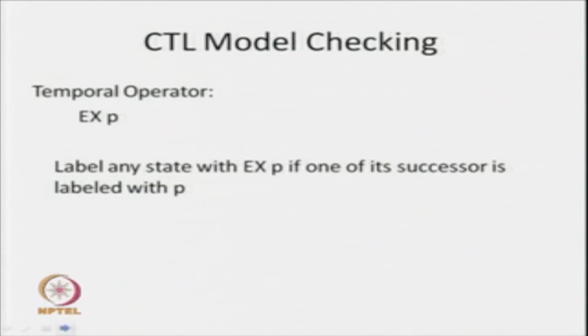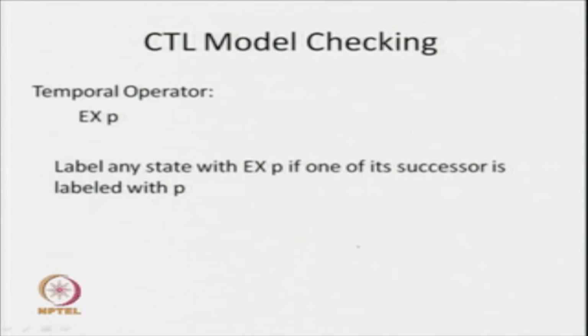Now, for the temporal operators, we look at E X. This is one of the temporal operators of our minimal or adequate set of operators. In this case, it means there exists a path where in the next state P is true. So, label any state with E X P if one of its successors is labeled with P. We are going to see the entire state space.